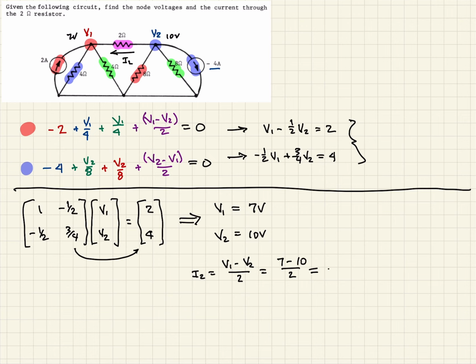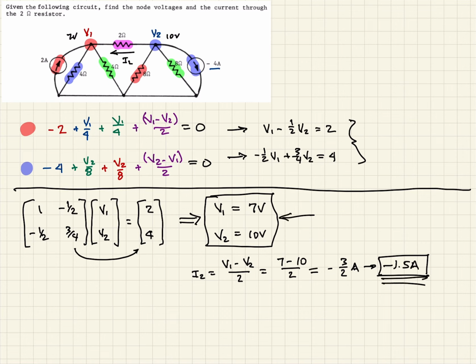And that results in minus 3/2, or minus 1.5 amps. So again, here are our node voltages, what they asked for, and then our current flowing between the nodes.